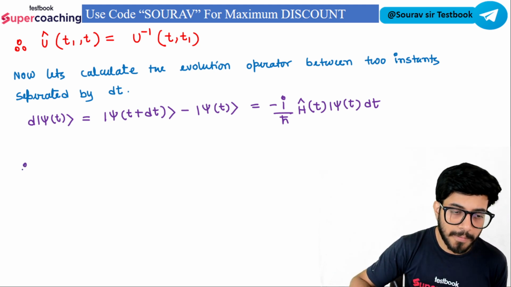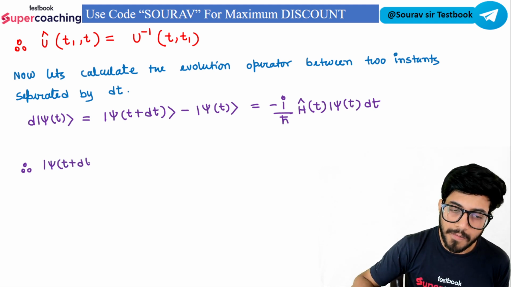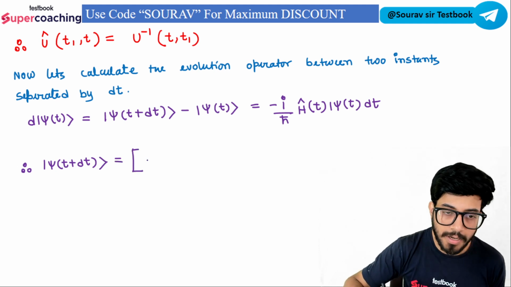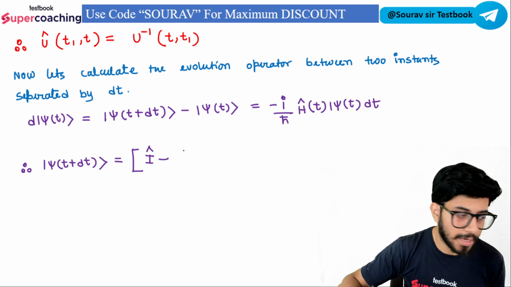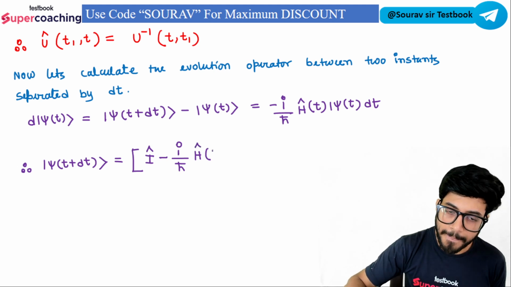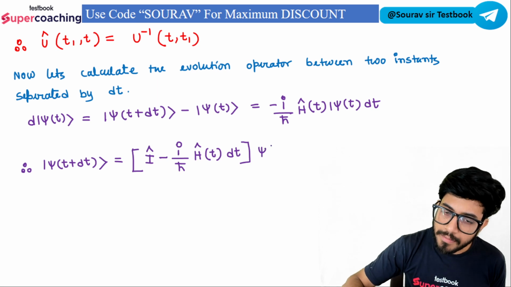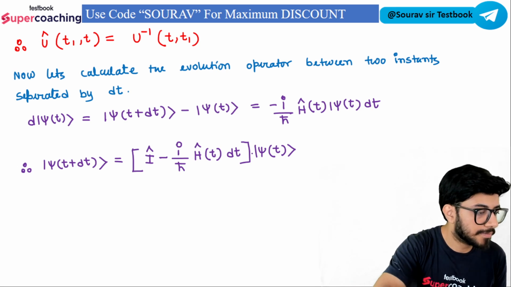And therefore, psi of t plus dt can be written as I cap minus i by h cut h cap of t dt into psi of t. This thing you can write.